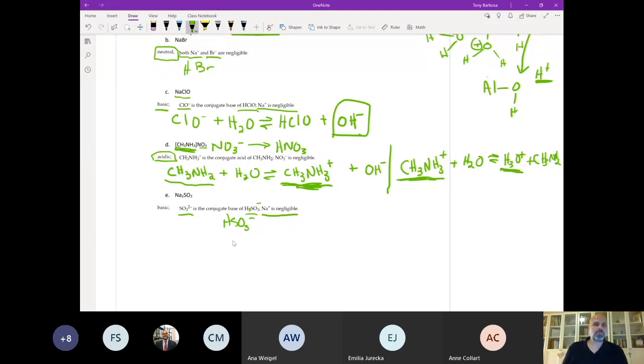And so this is going to be a basic solution, because SO3 2 minus will react with water in an equilibrium fashion to give us HSO3 minus plus hydroxide ions. So this produces base in solution, and that basic solution is right there.